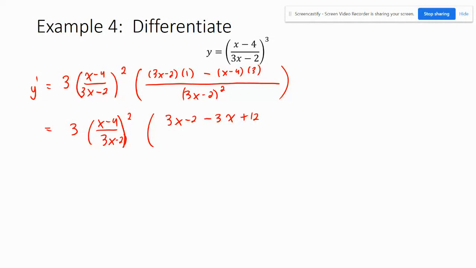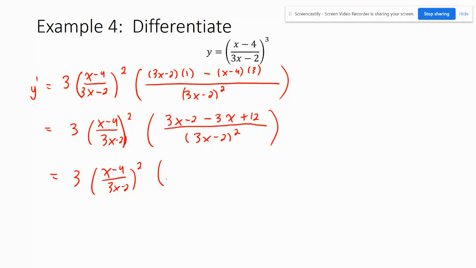I just went negative 3 times x, negative 3x, negative 3 times negative 4 is positive 12, over (3x minus 2) squared, equals 3 times (x minus 4) over (3x minus 2) squared. 3x minus 3x disappears. Negative 2 plus 12 is 10, over (3x minus 2) squared.